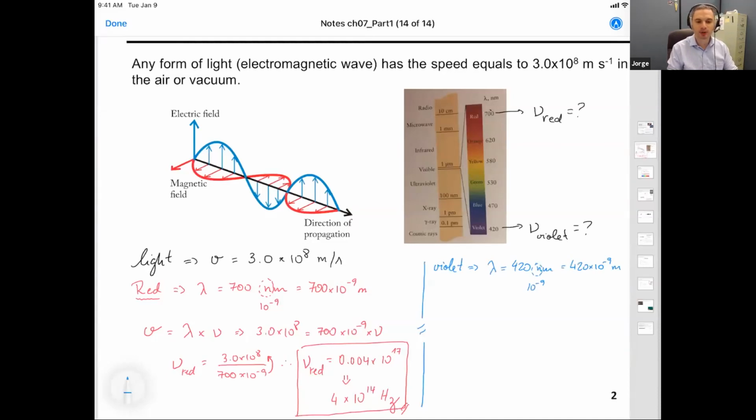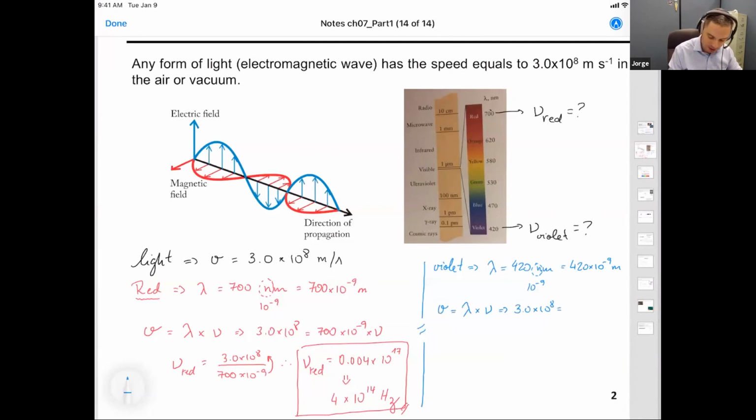And let's use the same equation that I used for the red light. Speed is equal to wavelength times frequency. Speed of light is going to be 3 times 10 to the 8th.